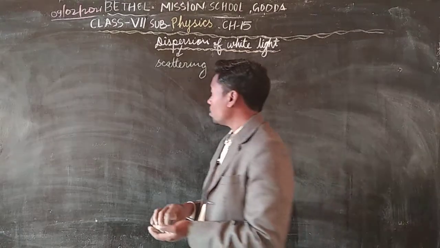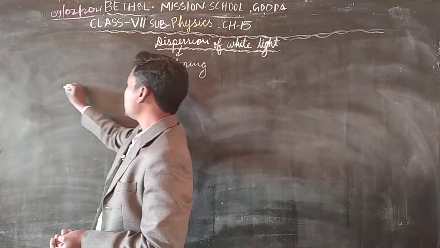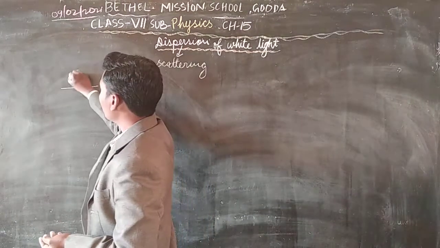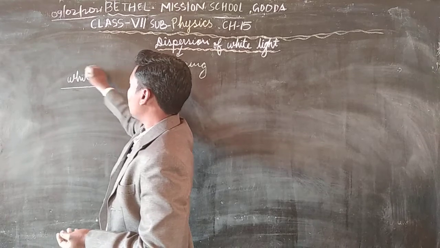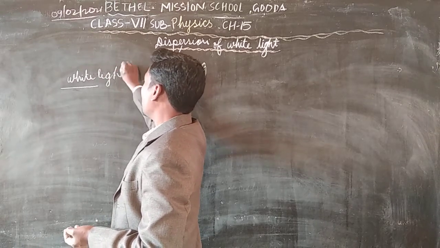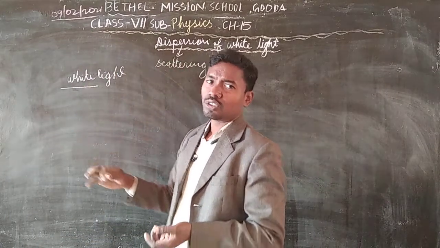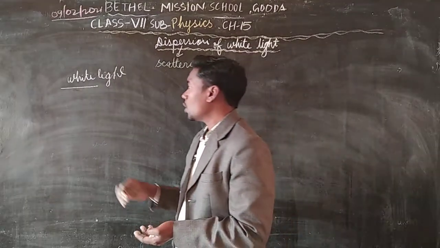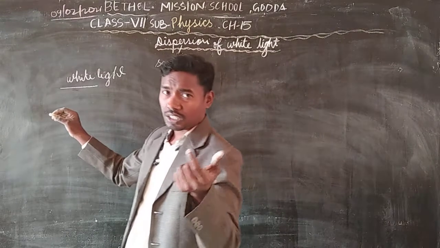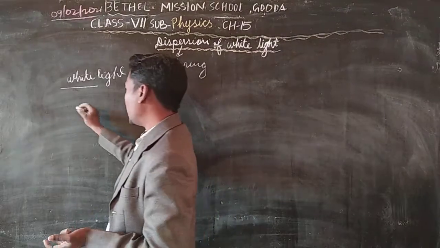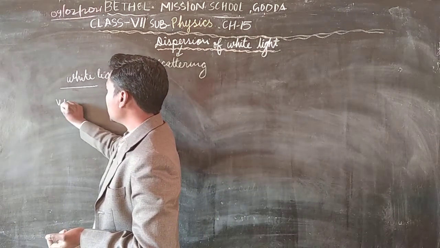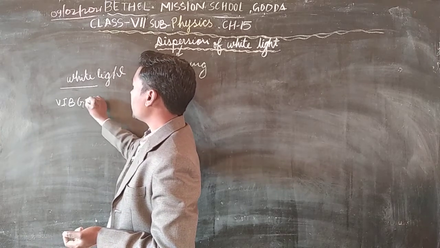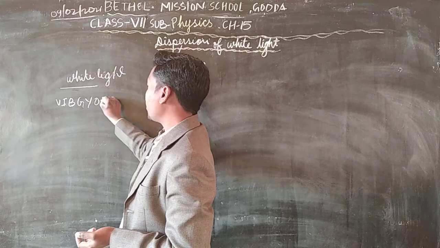First of all, when we see white light, this white light is not actually white. It appears white because there are 7 colors, as you know: violet, indigo, blue, green, yellow, orange and red.